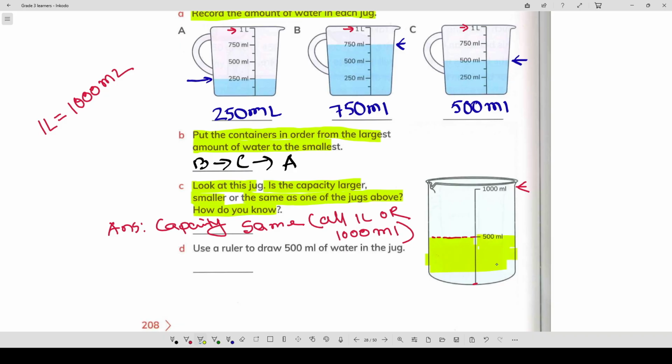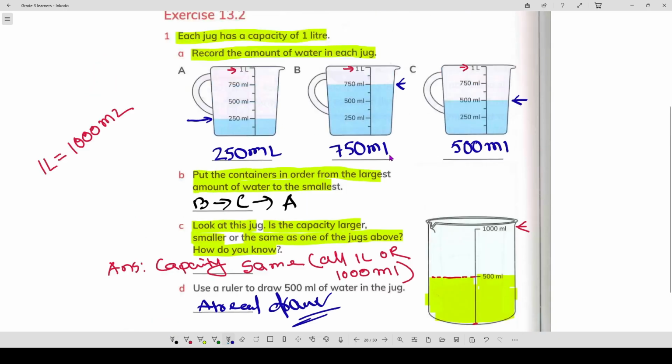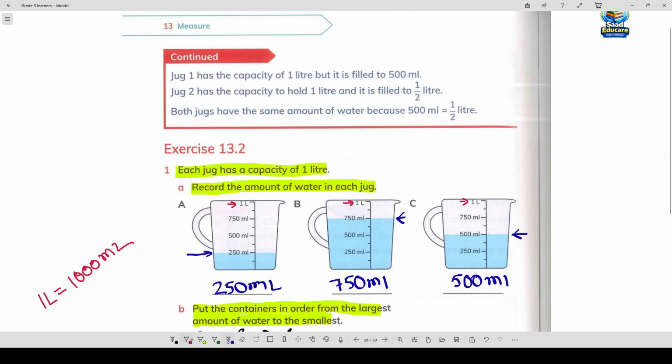Okay, it's very simple. So now we can understand, already drawn, right? So our first question's answer is done.